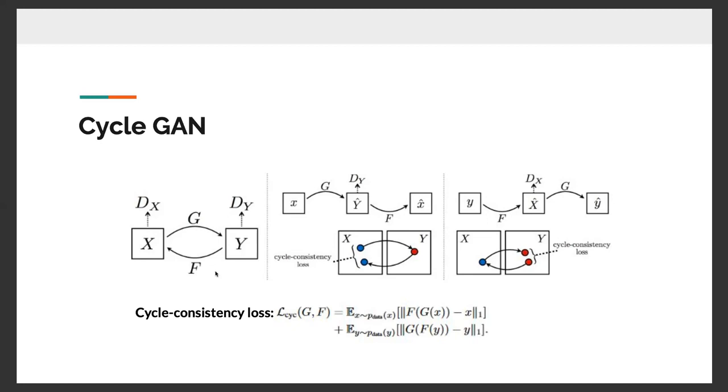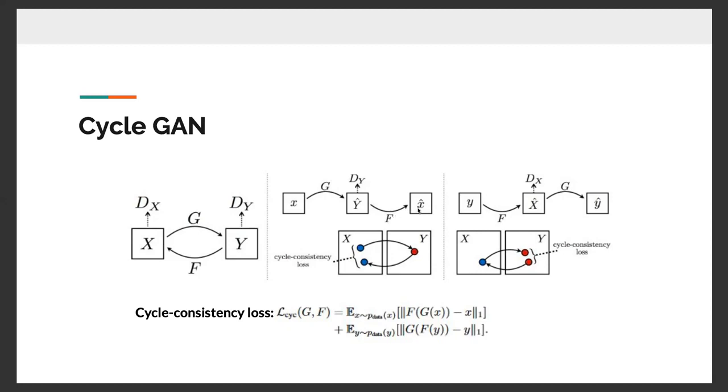Notice that G and F are different from each other, and so are D_X and D_Y. In the first loop, we generate the image in the Y domain using G, and update the generator using the discriminator Y loss here. Again, we can generate the X image back by using the generator F.